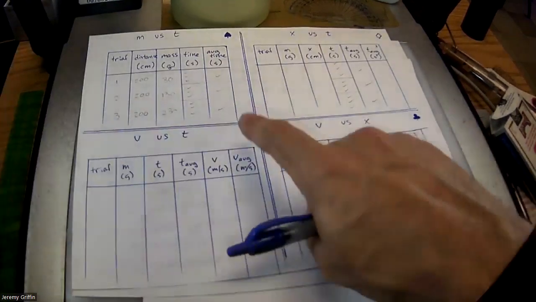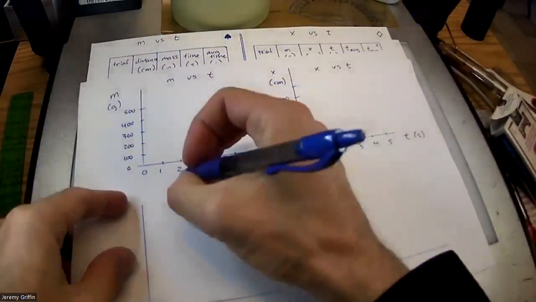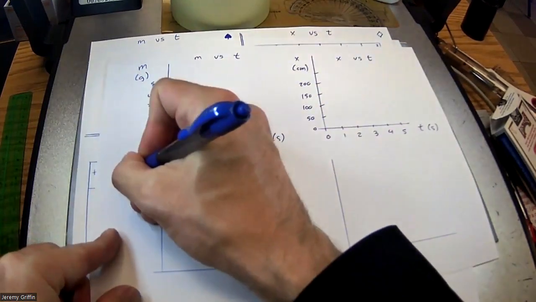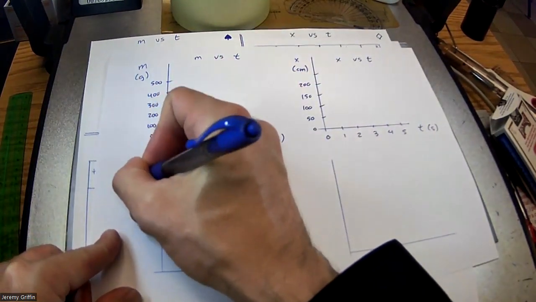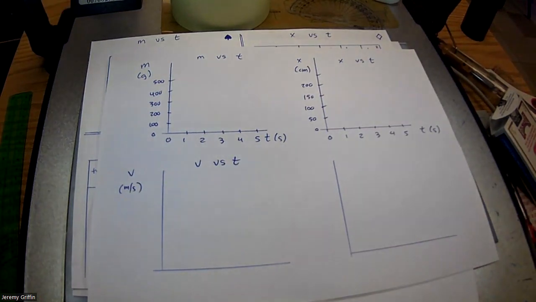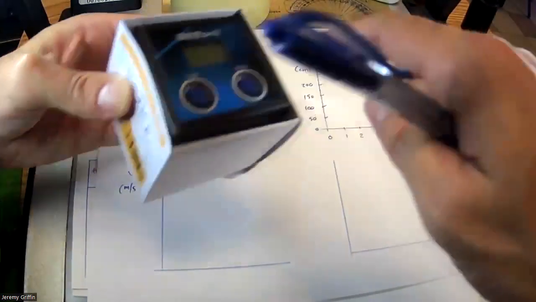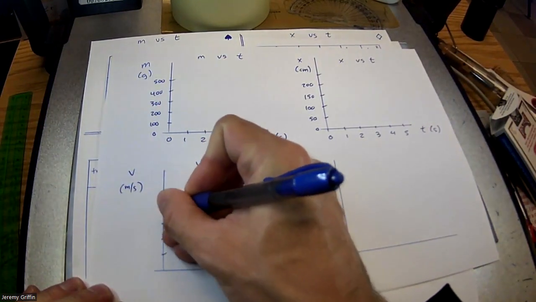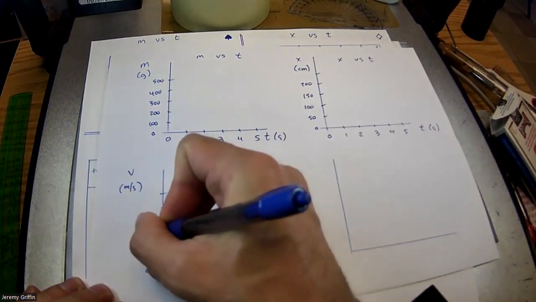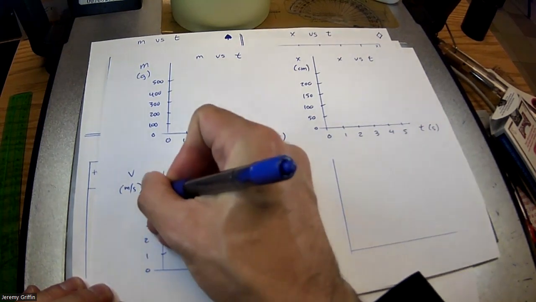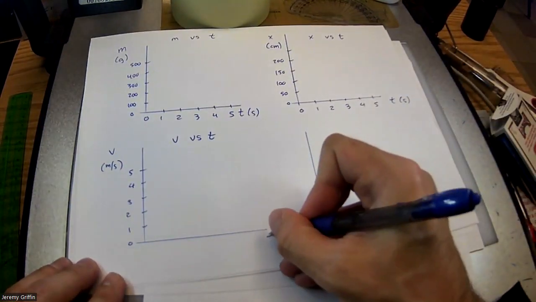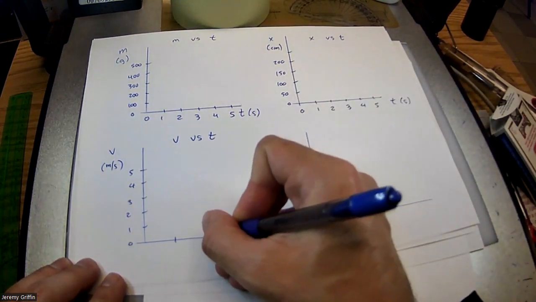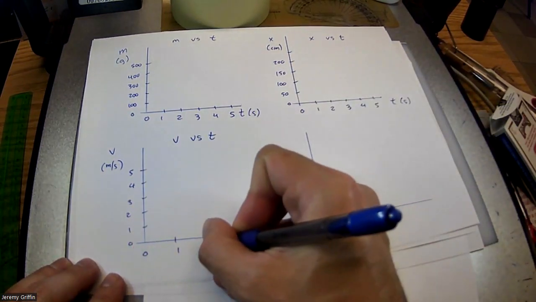How about if you had the hearts, V versus T? You had different velocities in meters per second, because remember this tool was directly measuring meters per second. Probably something like 0 to 5 meters per second, and how much time it took to roll in seconds, maybe 0, 1, 2, 3.